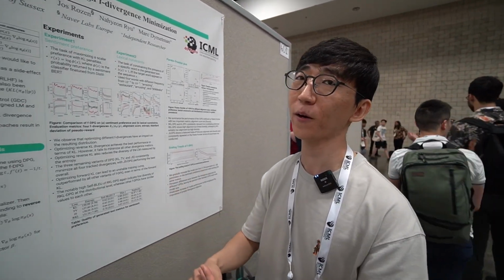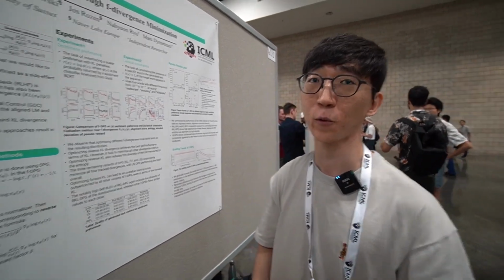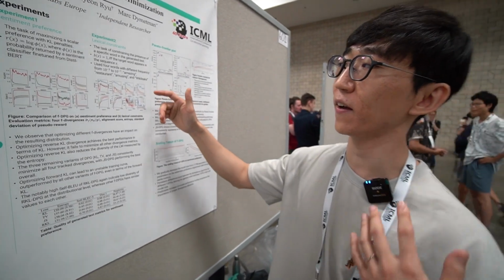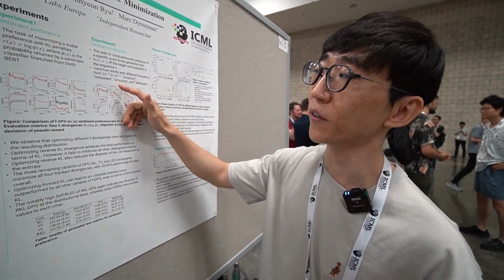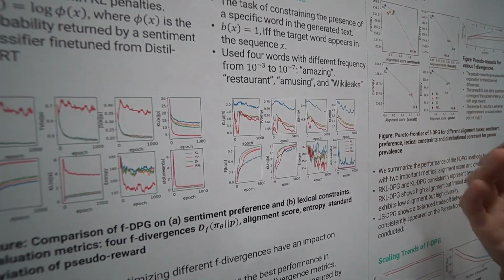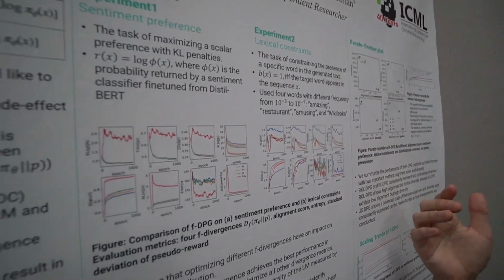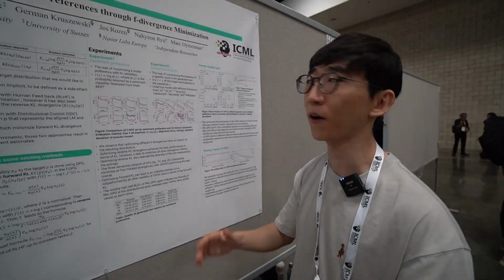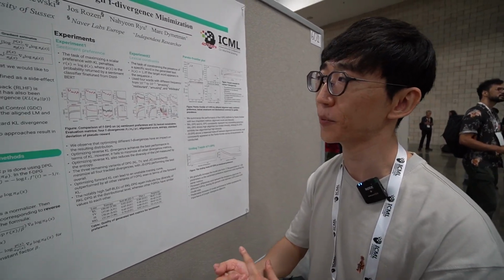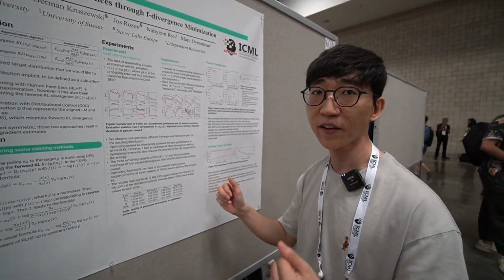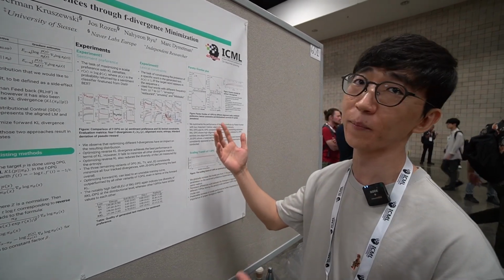I used a popular pre-trained sentiment classifier as a reward score, and also check whether the generated sentence includes a target word, something like restaurant or amusement or Wikileaks, which have quite a different frequency from the original pre-trained language model. In our full paper, there are a bunch of other experiments, which include conditional generation, meaning detoxifying, and other things like gender balancing.